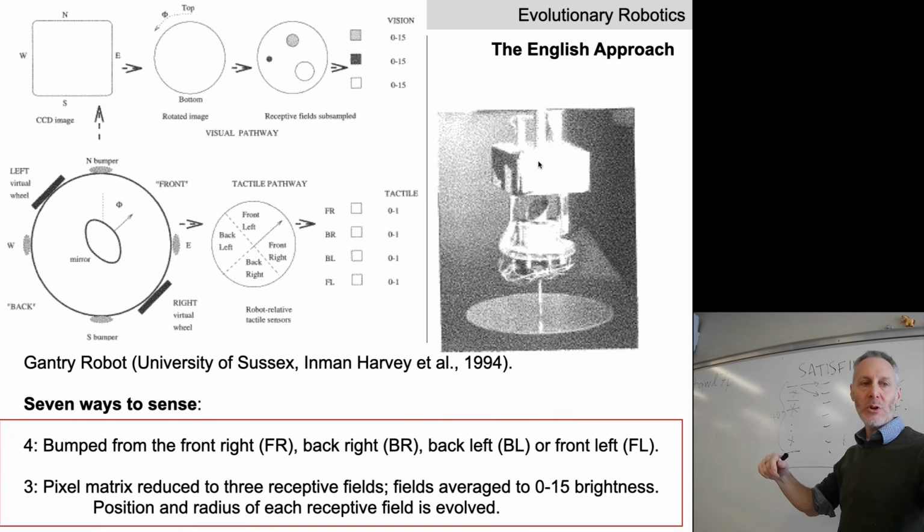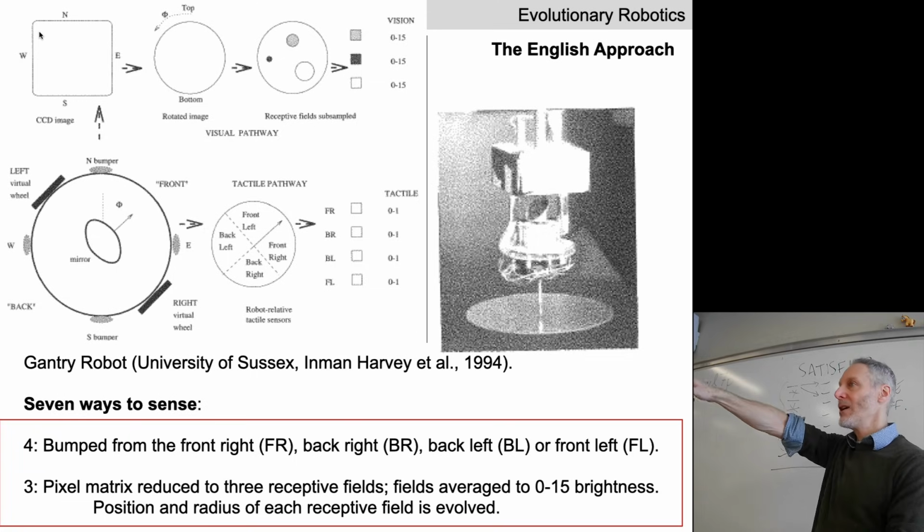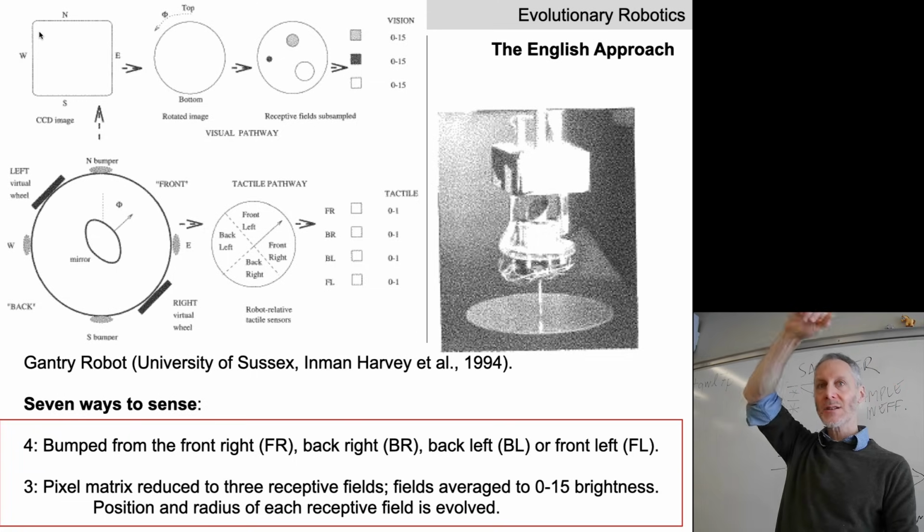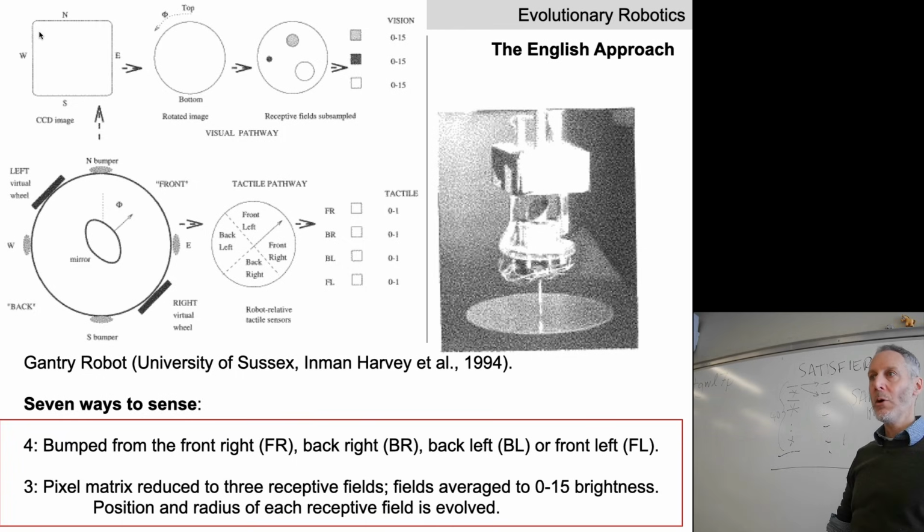So from the point of view of the camera, it is getting a 360-degree view, which is a little confusing here. They've shown it with north, west, east, and south. I want you to think about this square as a panoramic view horizontally around the robot. They rotate the image. They do a little bit of image processing, which we're not going to talk about now.